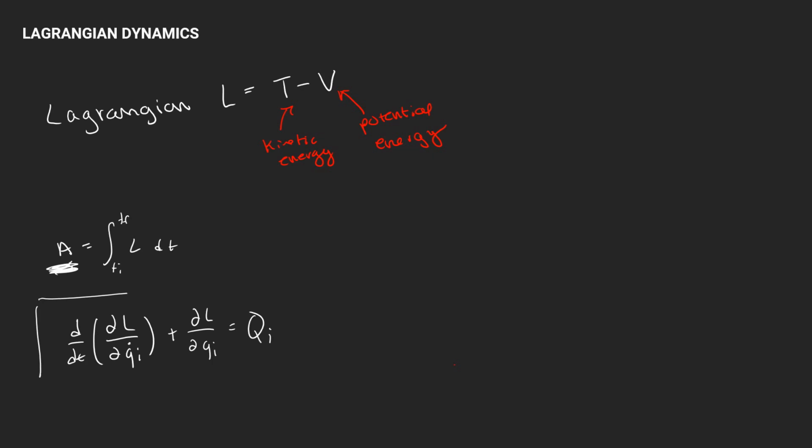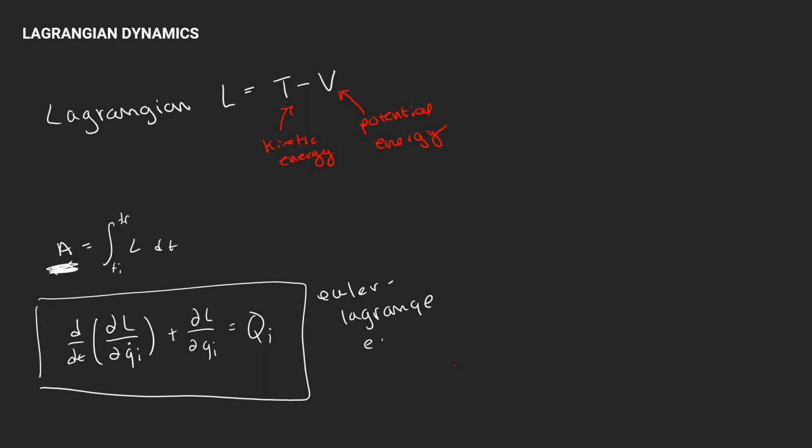And this equation right here is what's referred to as the Euler-Lagrange equation. This is the equation that we're going to use in order to derive equations of motion for our mechanical systems.